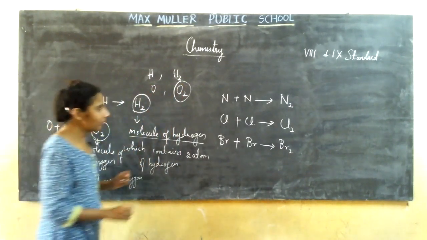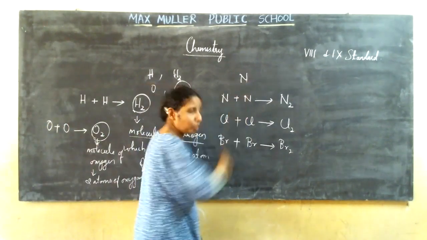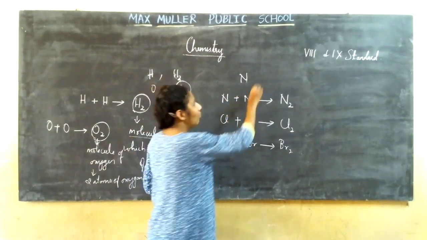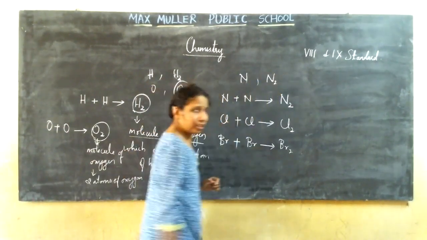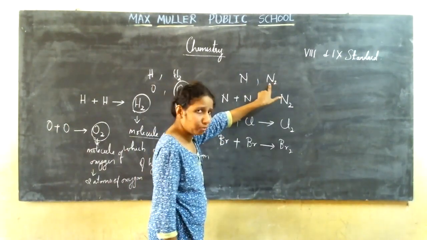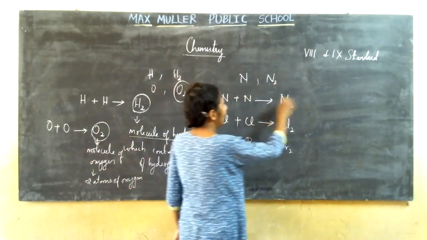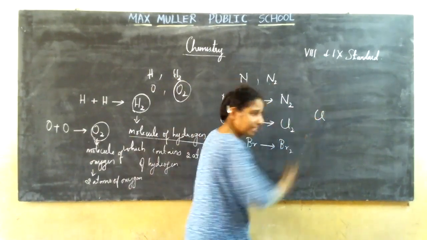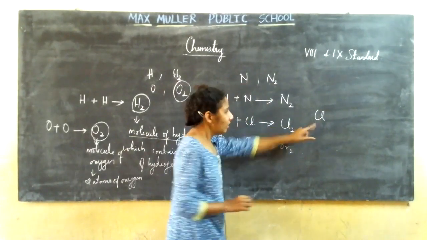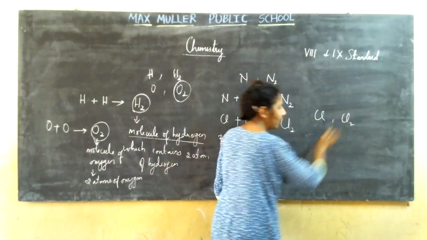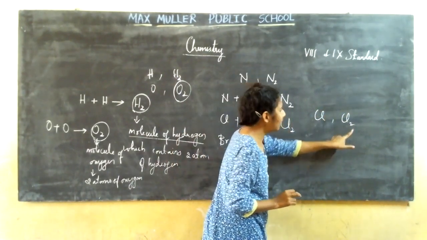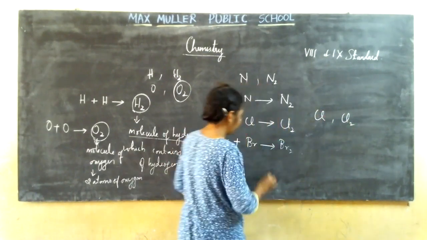Similarly, when I write nitrogen, N, it represents an atom of nitrogen, and when I write N2, it represents a molecule of nitrogen which contains two atoms of nitrogen. Then similarly, chlorine. When I write Cl, it represents an atom of chlorine. If I write Cl2, it represents a molecule of chlorine which contains two atoms of chlorine.